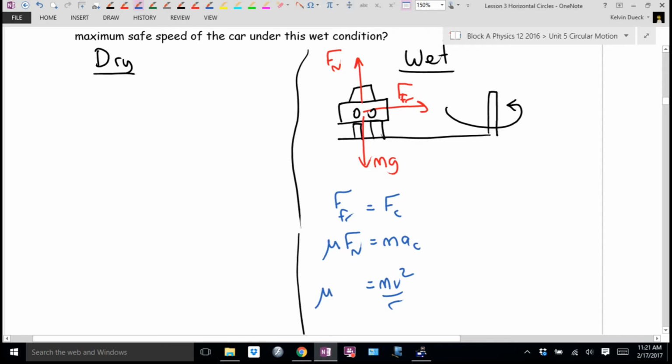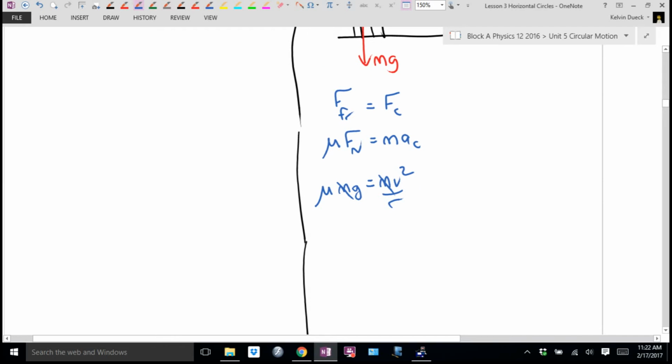But look, I know another force the same size as the normal force. In fact, what we just did is re-derive the expression from the first example. I think we're going to find the maximum safe speed is the square root of mu times g times r. Do I know g? 9.8.